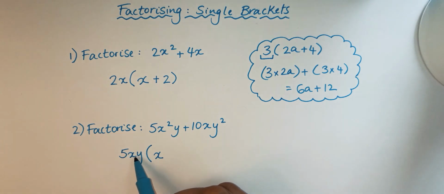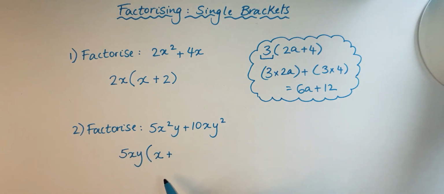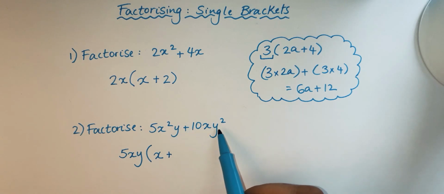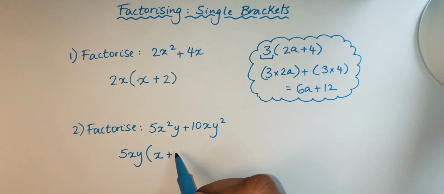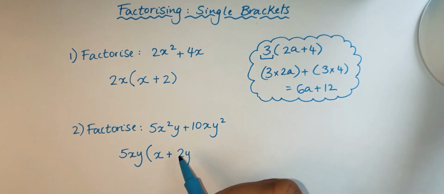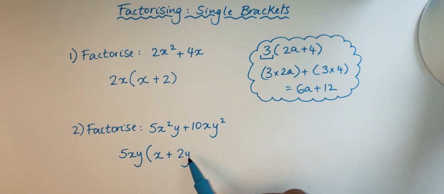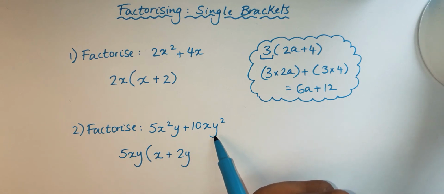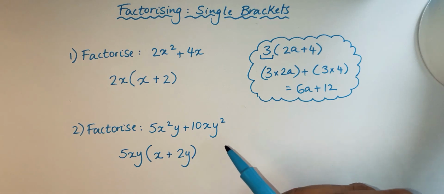Because we just need x to be squared in this, and then it'll become this. Again, it's a plus, because that's a plus, and then for this term, to get here, we just multiply by 2y. Because 5 times 2 is 10, and xy times the y is just xy squared. So that is how we would factorize that.